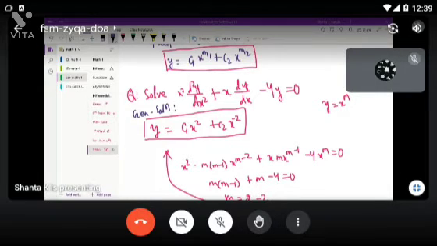What is next? After the Euler equation, we have systems of differential equations.